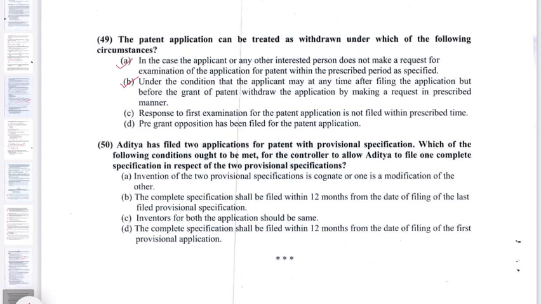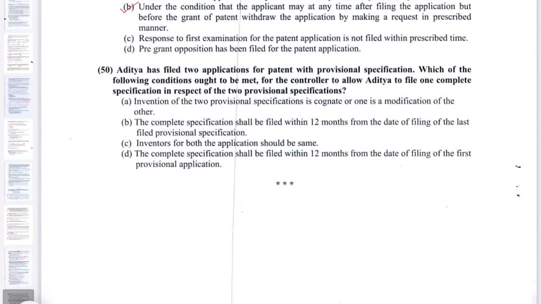Last question, Aditya has filed 2 applications for patent with provisional specification. Which of the following conditions ought to be met for the controller to allow Aditya to file one complete specification in respect of the 2 provisional specifications? A, invention of the 2 provisional specifications is cognate or one is the modification of other, this is true.